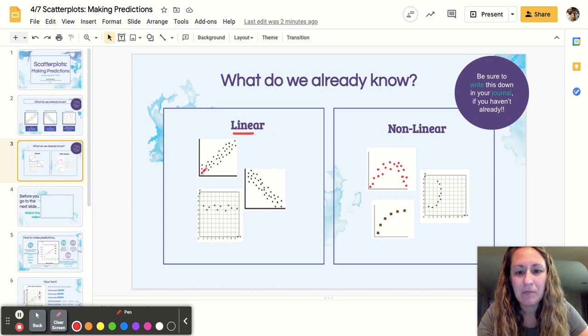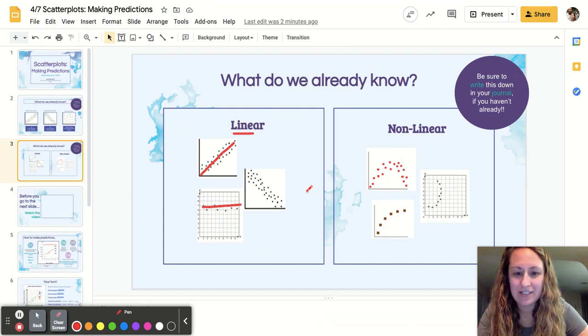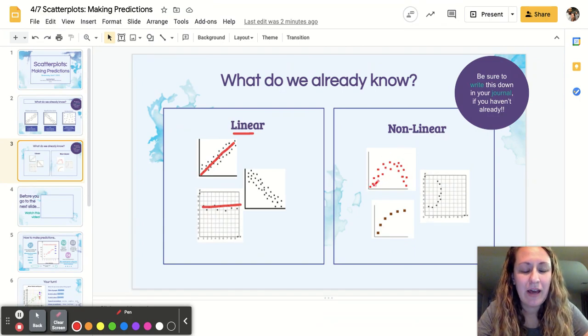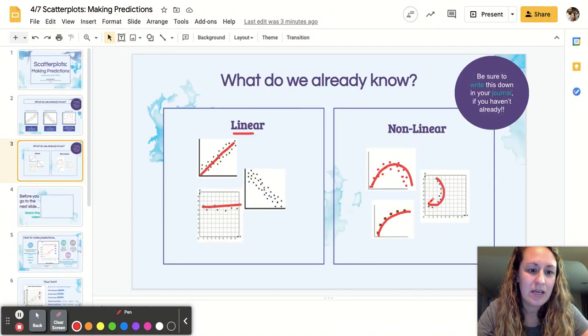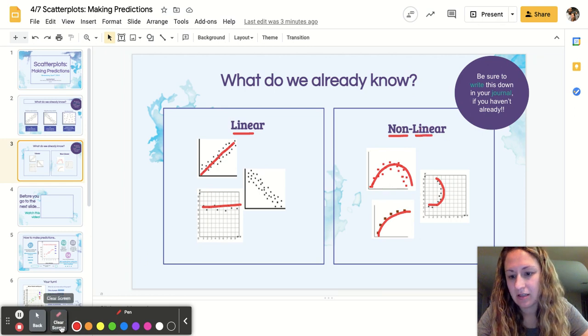Use this to help you because all of our linear graphs are following along a line. As straight or unstraight my lines may be, there's still a line. Over here we have our nonlinear, which are really following more of a curved pattern. There's no real straight line about them, and so it's making a non-linear line, or a non-linear graph, I'm sorry. So it's a non-line, basically.